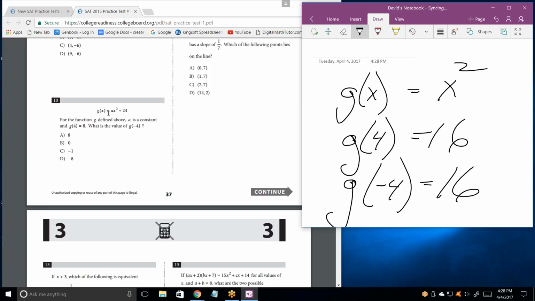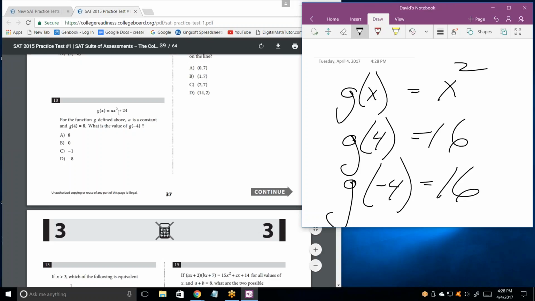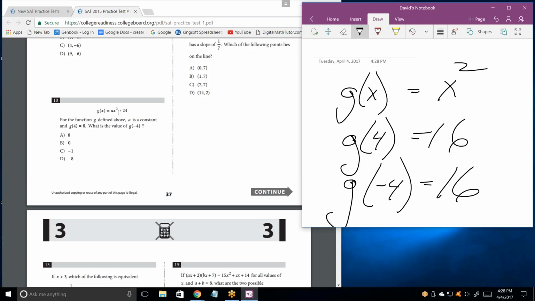And that's basically what we're looking at here, a little bit harder, in that they introduced this a constant. But the fact is that a is not being squared. So the only difference between g of 4 and g of minus 4 is substituting either 4 or minus 4 for x, and they both come out to be 16. Which means g of minus 4 has to be the same as g of 4.